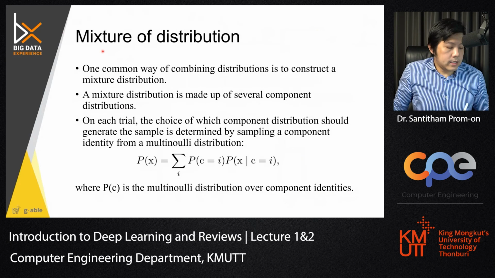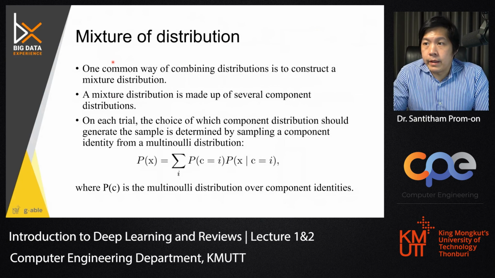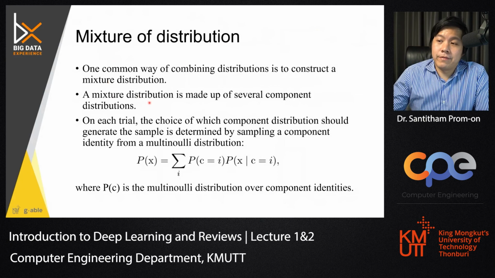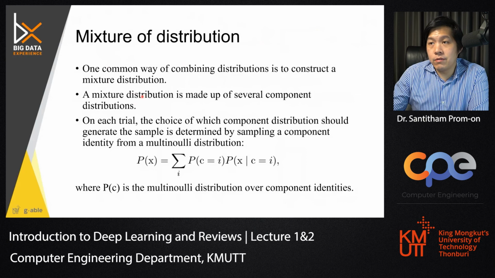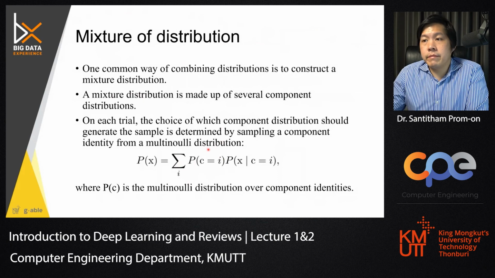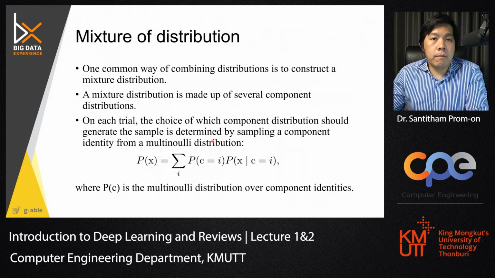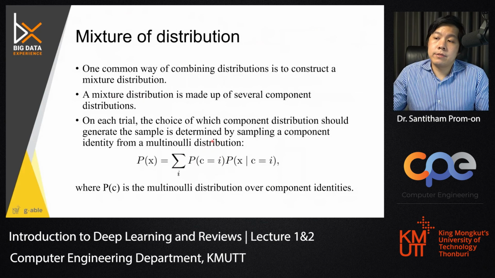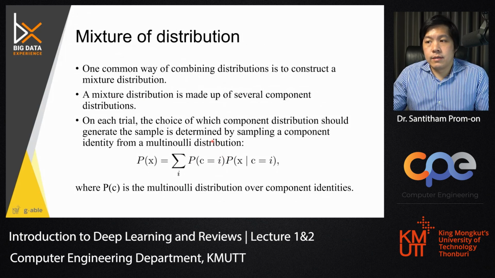Okay, these distributions can be combined. Yeah, they can be combined by just adding them up. Right? Although it looks like, oh, what is a mixture of distributions? Like the name suggests, mixture means combine. When you combine distributions, you need to have a certain probability, a certain weight.